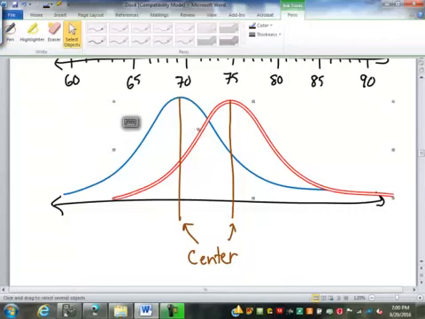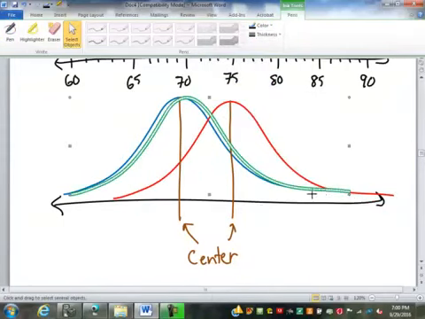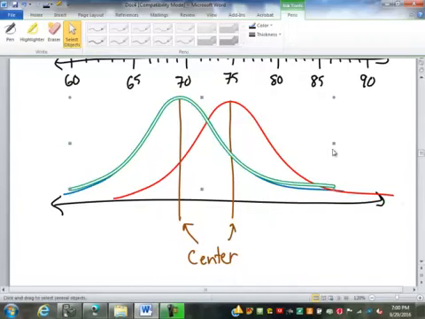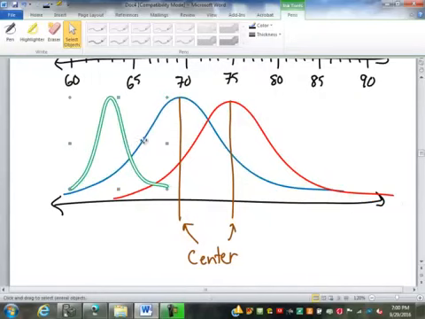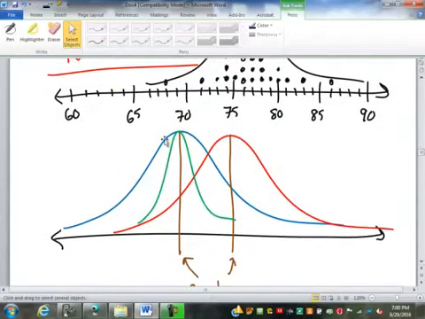The next thing we can do, let's take this green curve here. We'll compare this green curve to the blue curve. Now they have the same center. The green and the blue curve are both at this location for their center, but the green curve is narrower than the blue curve.